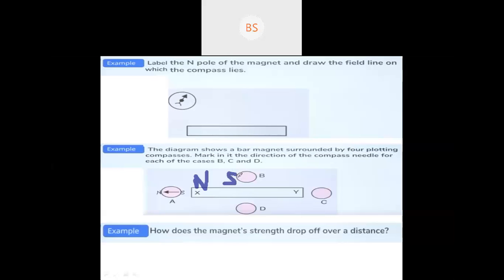And it should show this way, and so this will be the north. When we come to this compass, it will be the same again. If it is north, this is north, this is south. Now if this pole is south, that means this compass also we can say this is north, and this is south. Correct?